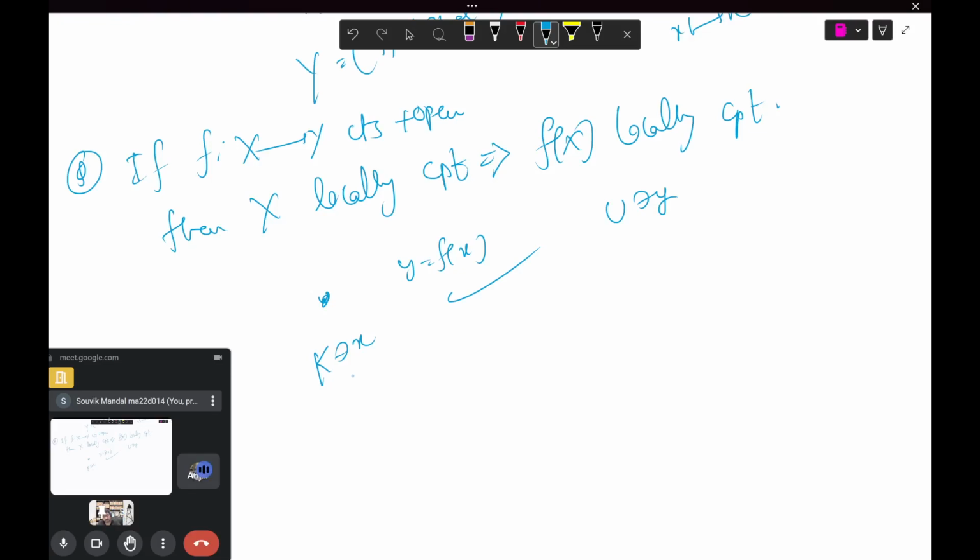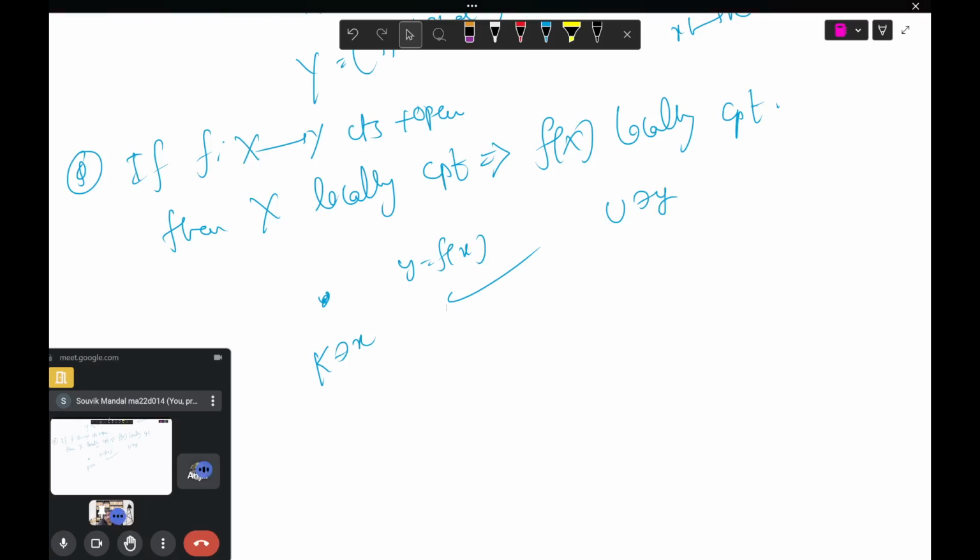Sir, compactly generated space. I did not understand this thing. Which space?